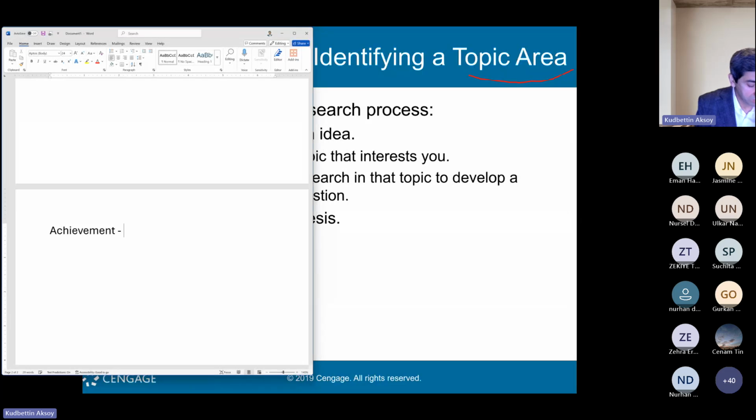We talk about intelligence. Talk about math performance, make it specific. Talk about anxiety, test anxiety. We can talk about motivation. We can also talk about gender, culture, socioeconomic status.